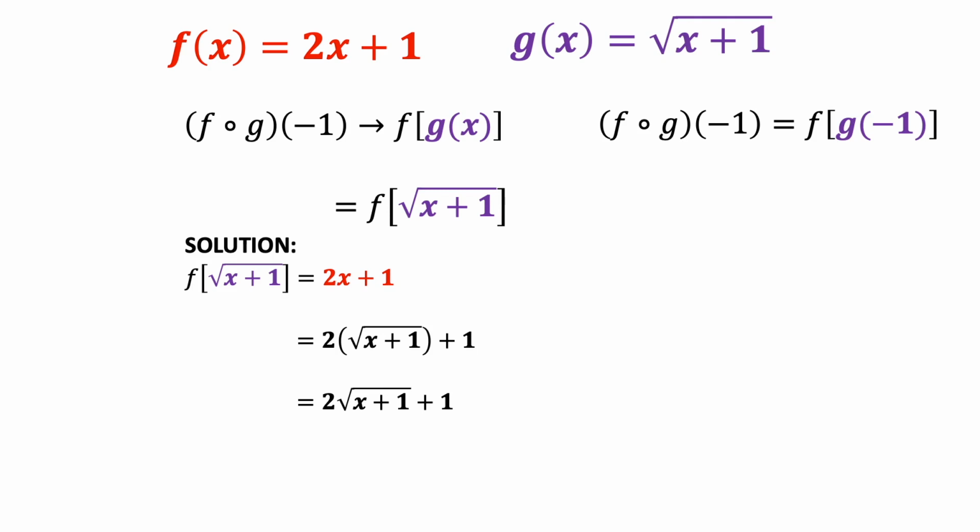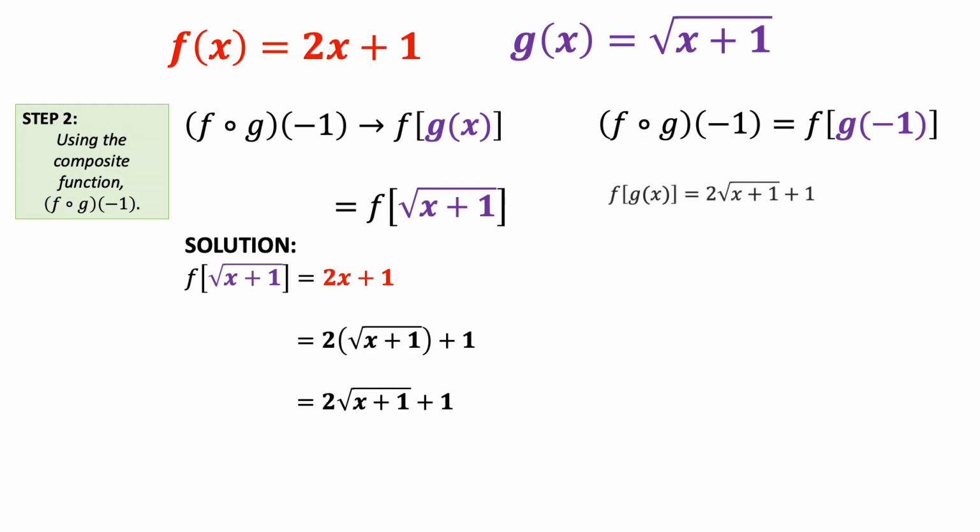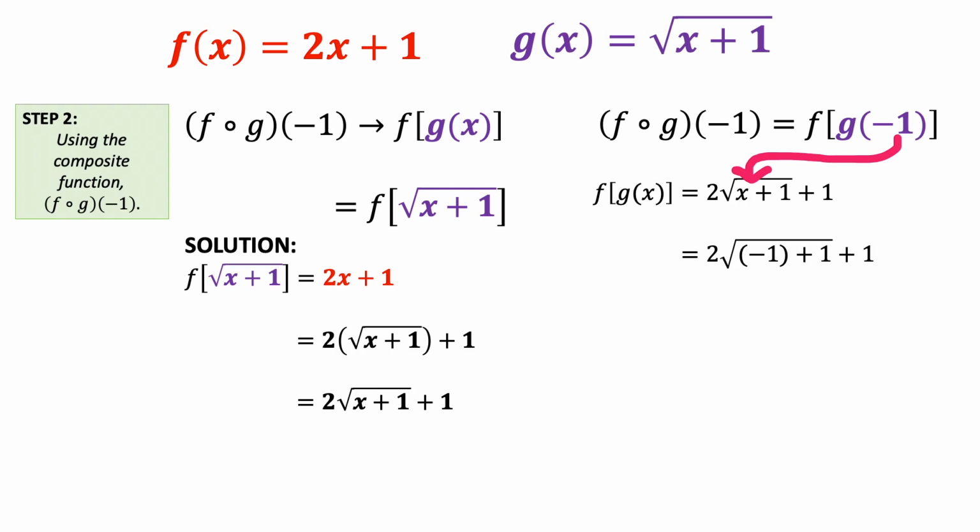We will use the equation of f circle g of x to find f circle g of negative 1. We will substitute negative 1 to the x variable of the f circle g of x. This will give us 2 square root of quantity negative 1 plus 1, plus 1.